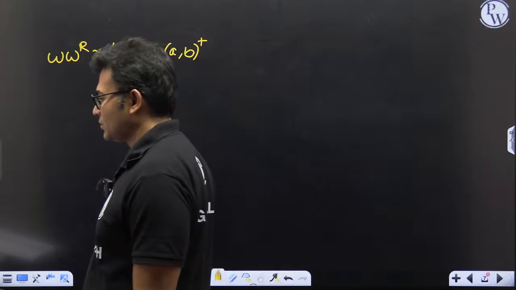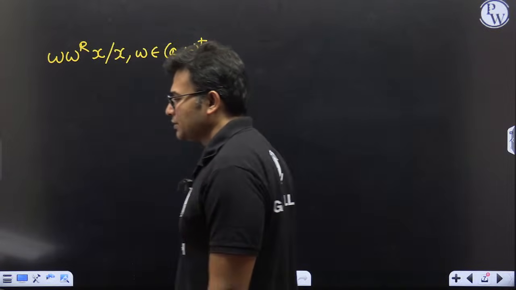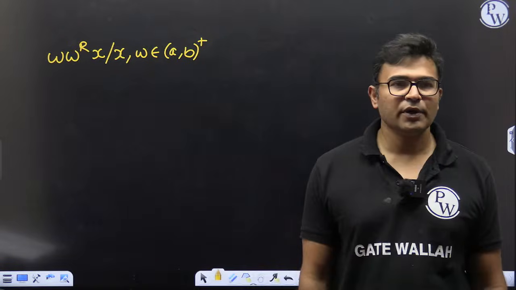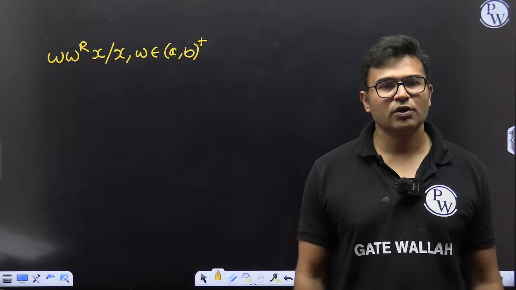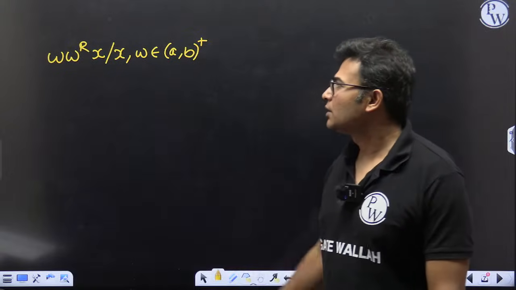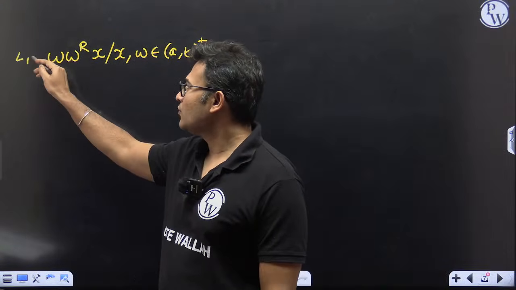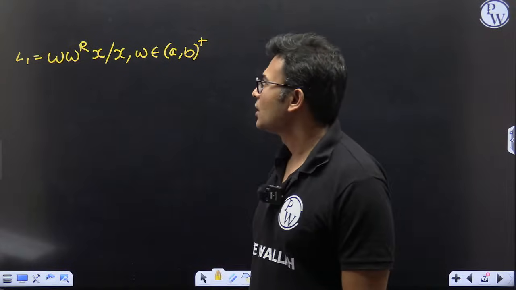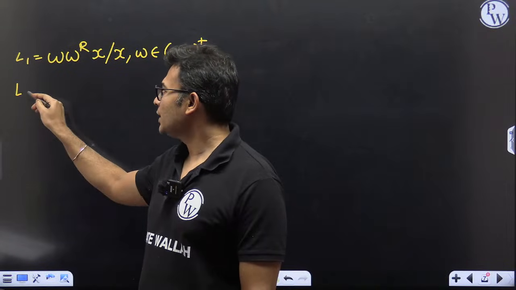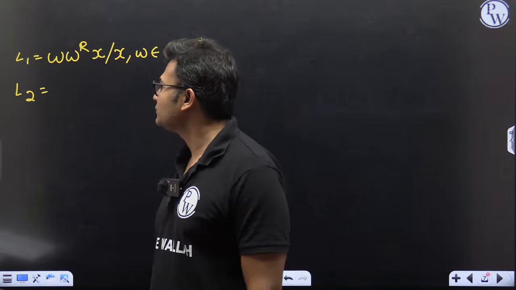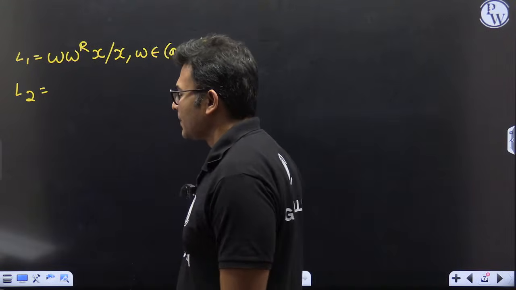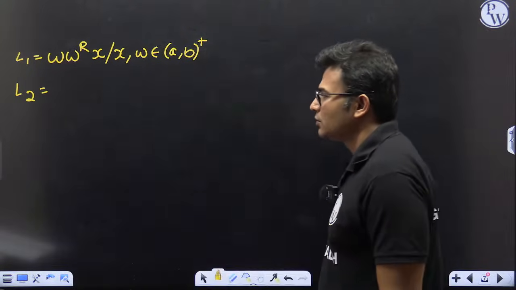Okay. So how are you going to solve this? We have devised a method, right? For all these questions, we are going to follow the same method. Let us assume that this is L1. Now we will get L2. In L2, in W we will put a.